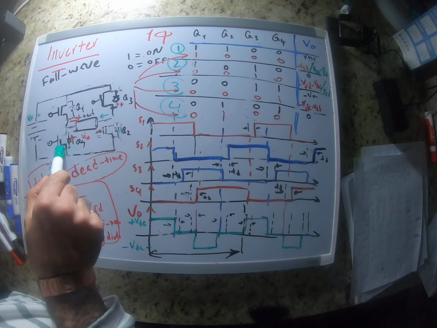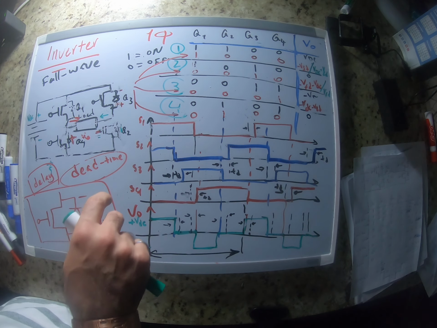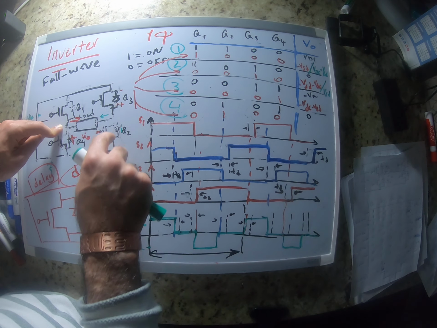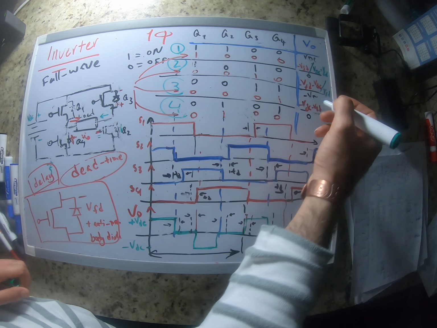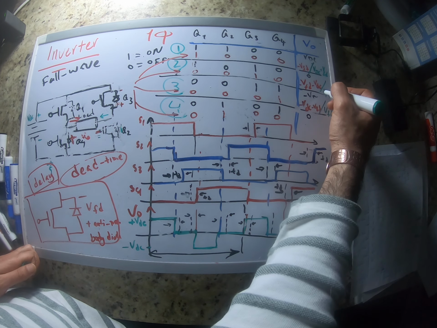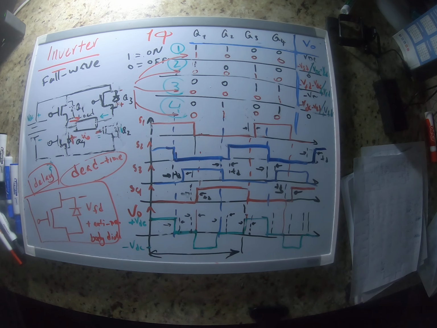Again we have a short circuit, but we have a voltage drop across this diode. This point has a higher voltage than this point, so the voltage across the load is positive VFD. Let me write the positive so that you don't get confused.